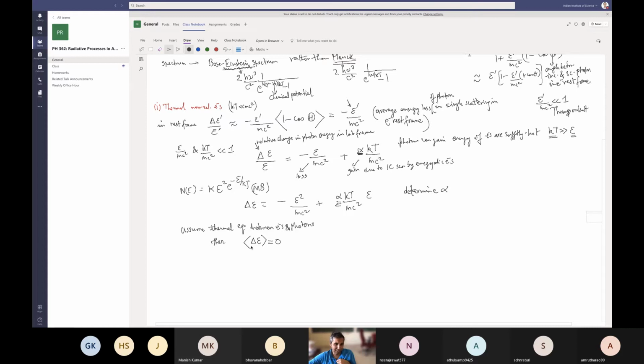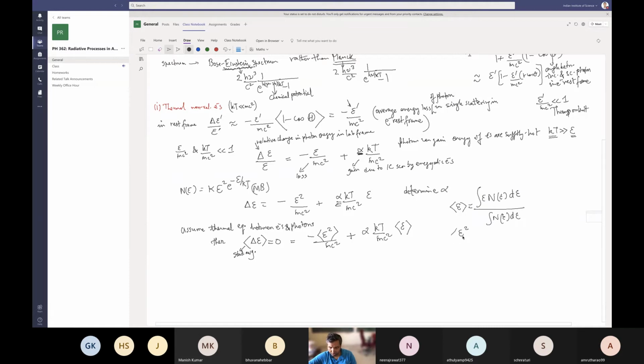So if we just do that, this is like a statistical average, right? So what do we get? This is equal to minus epsilon squared by mc squared plus alpha kT by mc squared times epsilon, right? So what is the average epsilon? It is the integral of n epsilon d epsilon divided by the integral of n epsilon d epsilon.